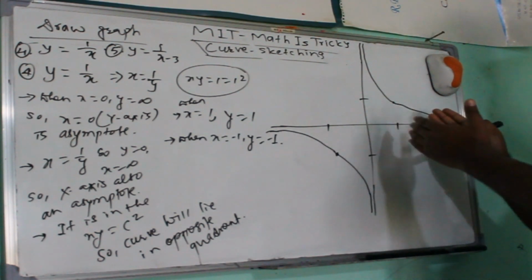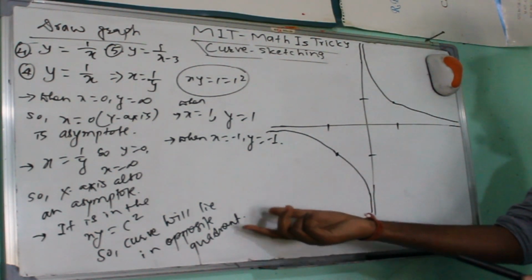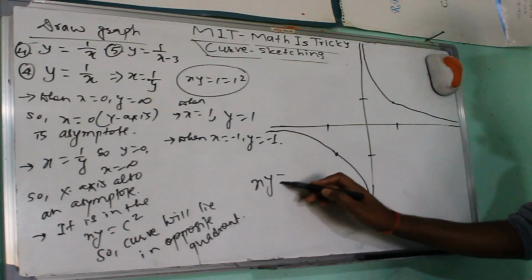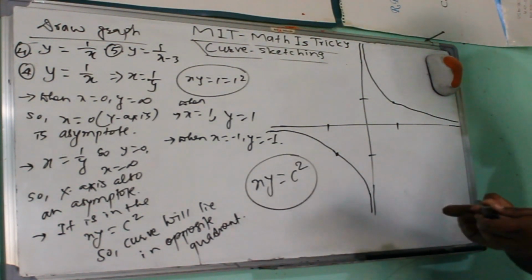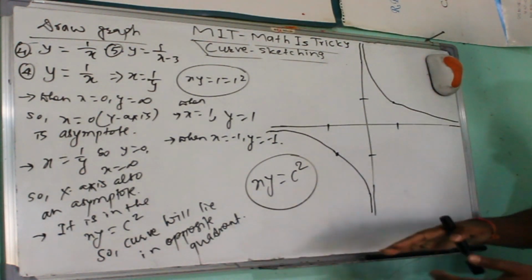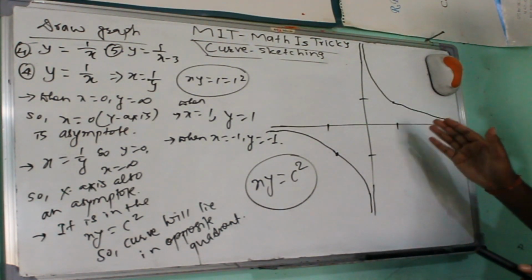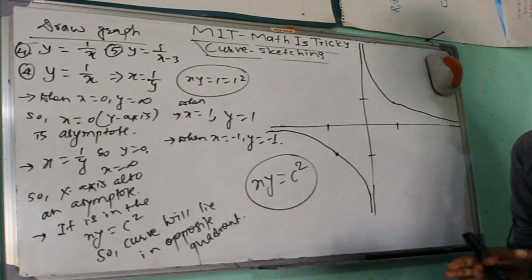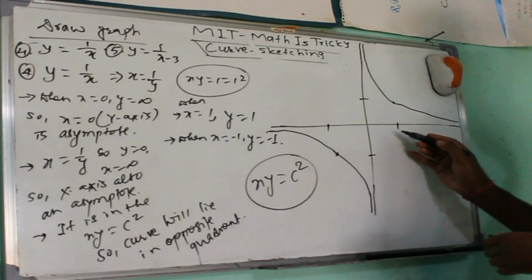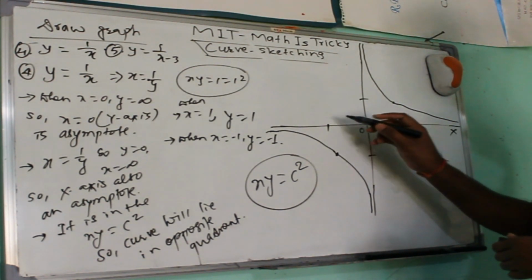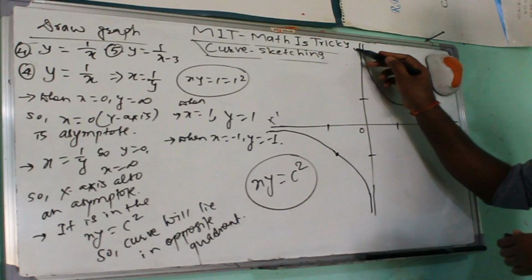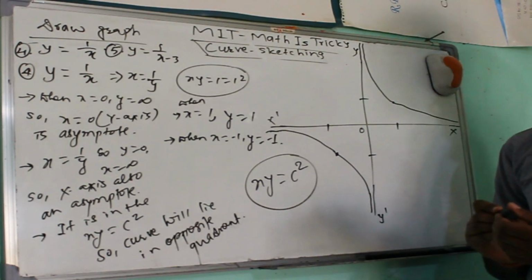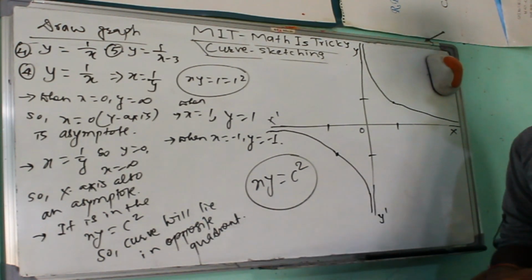It will lie in the first and third quadrants, because it is in the form xy equals c square, which means it will lie in opposite quadrants. Asymptote means it is just touching at infinity. So these are the x-axis and y-axis, and this is our origin. This is the required graph on the basis of the characteristics that we have obtained. Okay, this is how we can draw.